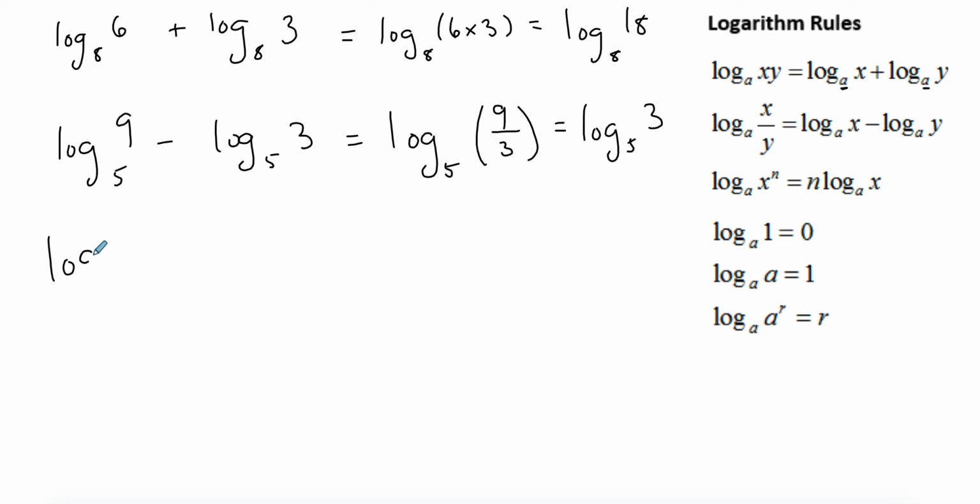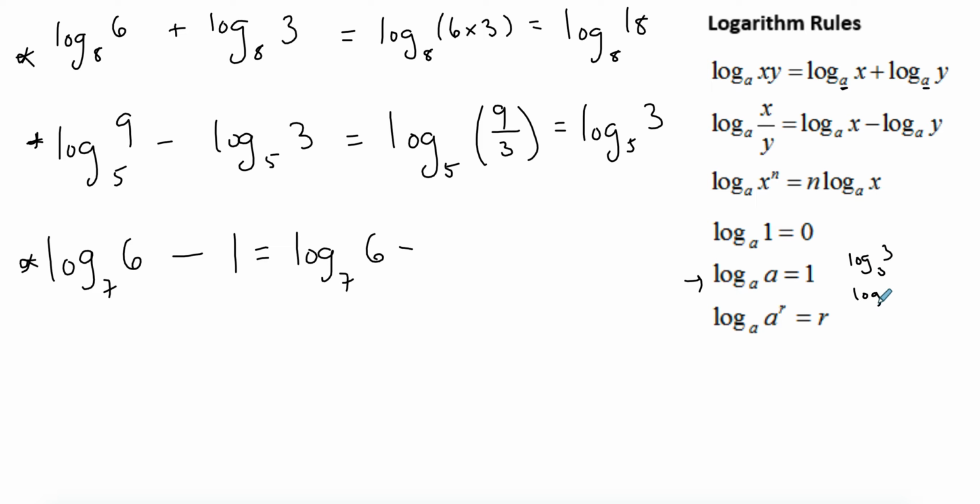Say we have something like log base 7 of 6, and then minus 1. I want to simplify it, but I'm subtracting a whole number, and this whole number is not a logarithmic function. But if I look here, I can actually use this rule where I can convert the 1 into a log function as I want. So I'll go log base 7 of 6 minus, and I'll change this 1 into any log you want. So this could be log base 3 of 3, log base 4 of 4, and so on. You can convert it to whatever you want.